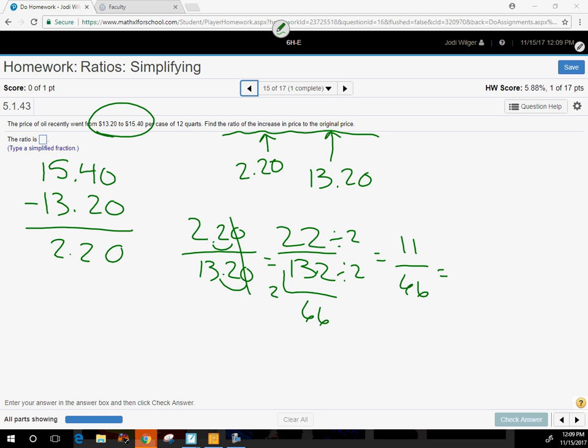And if I divide by 11, the ratio for the increase in price was 1 to 6. And that's how you do number 15. Again, your values are going to be different, but that's the steps. Step 1, subtract to find the increase, and then put the increase over the original.